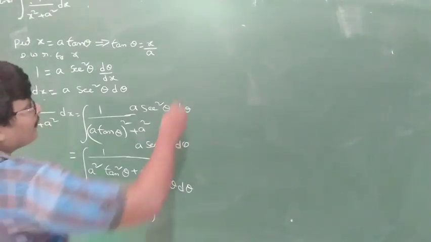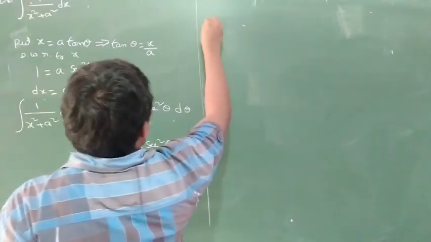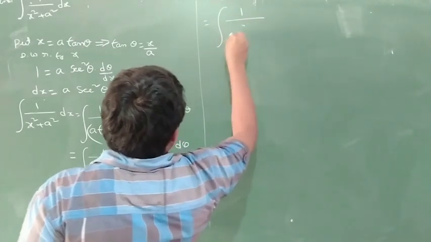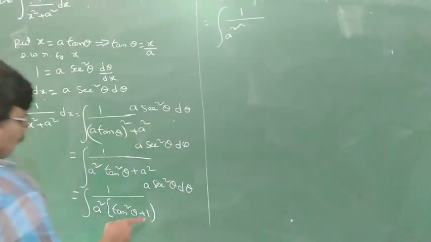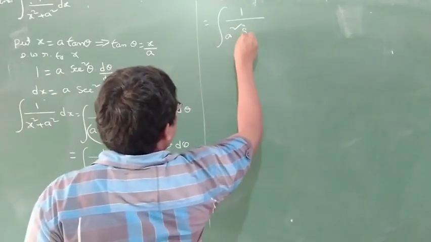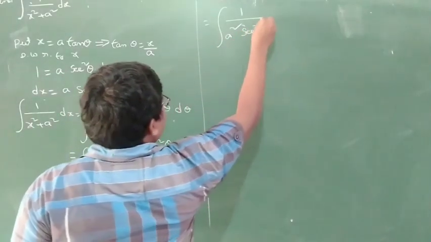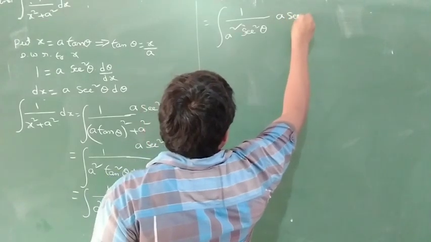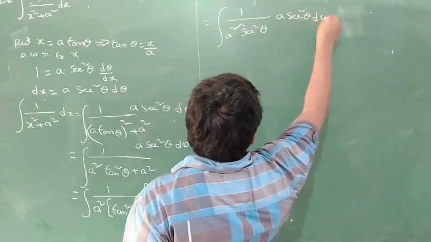So next, that is equal to integral 1 by a square into 1 plus tan square theta, which is equal to secant square theta, into a secant square theta d theta.